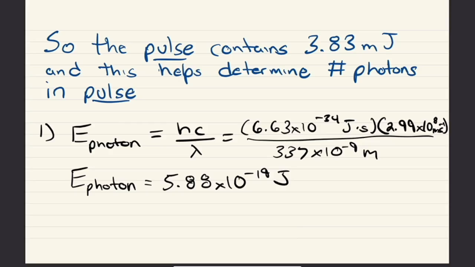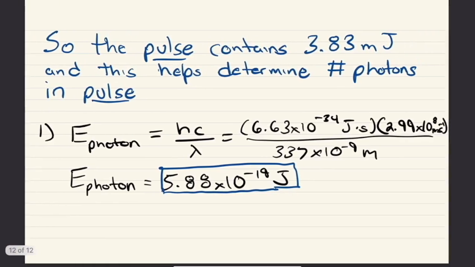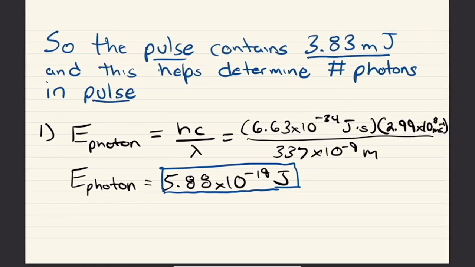Notice that this value is not the value here, okay? And the reason for that is because this is the energy of an individual photon, not the pulse. Remember, the pulse is a package.